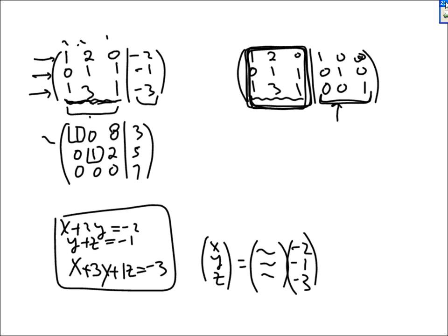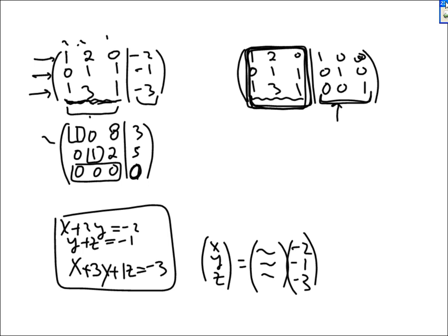For the record, I'll change this, but for the record, this has no solution because the left-hand side equals 0. That is 0x plus 0y plus 0z equals 0 plus 0 plus 0, which is 0. It can't equal 7. So there would be no solution. But I'm going to let it equal 0 now.